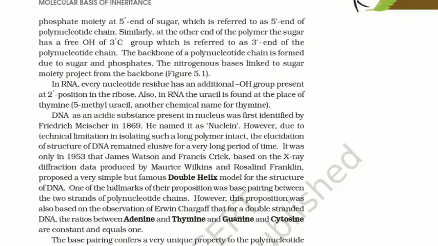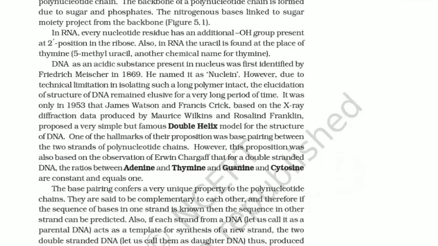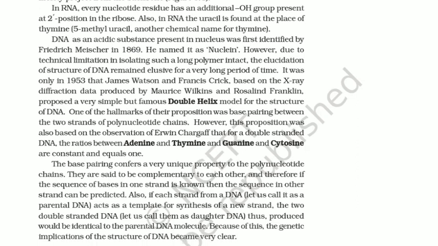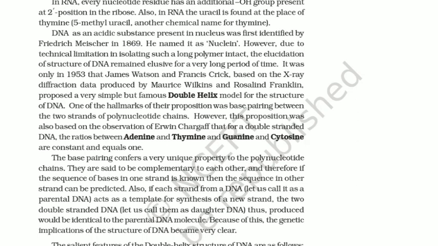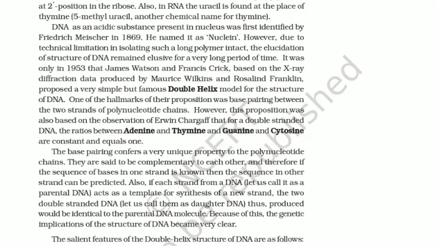The nitrogenous bases linked to the sugar moiety project from the backbone. In RNA, every nucleotide residue has an additional OH group present at the 2' position in the ribose. Also in RNA, uracil is found in place of thymine, which is 5-methyl uracil, another chemical name for thymine.